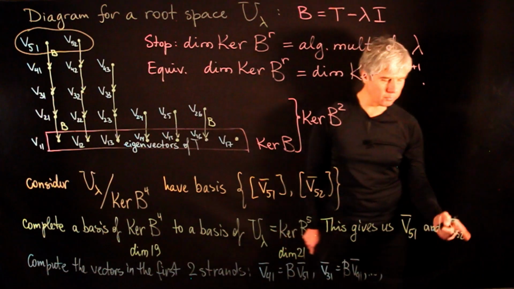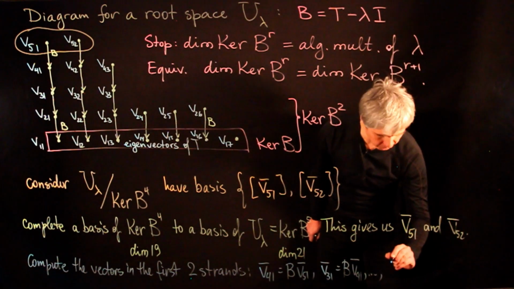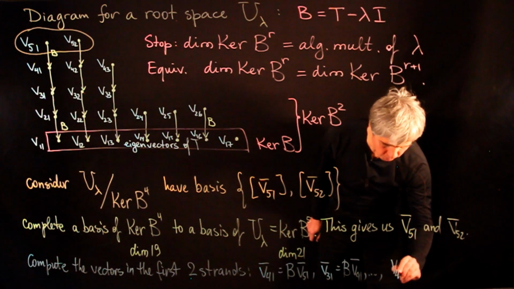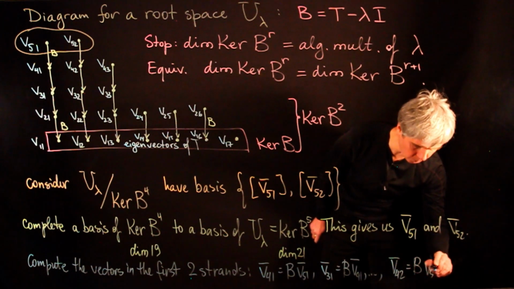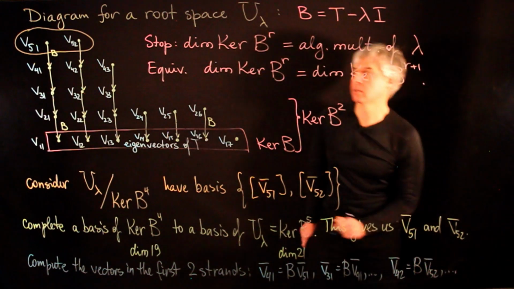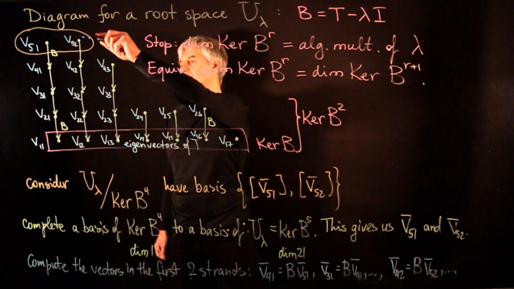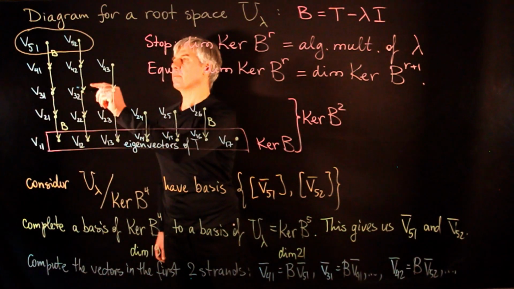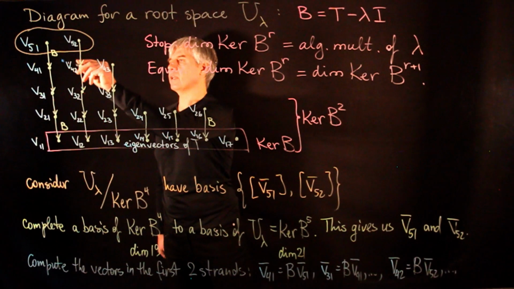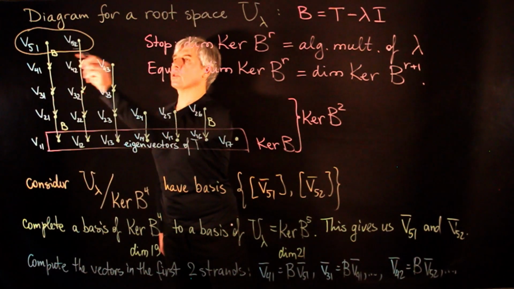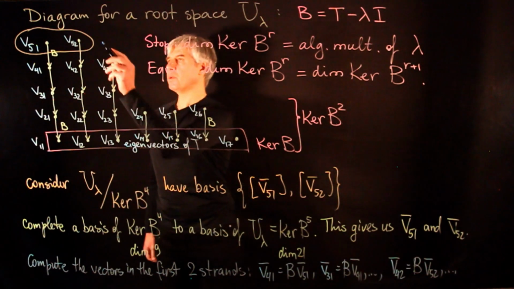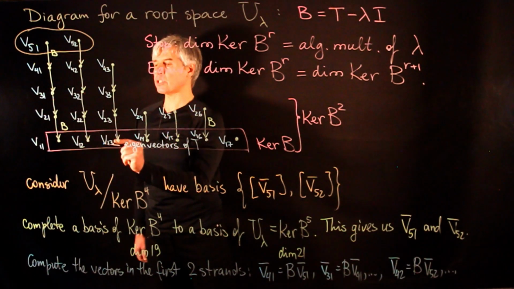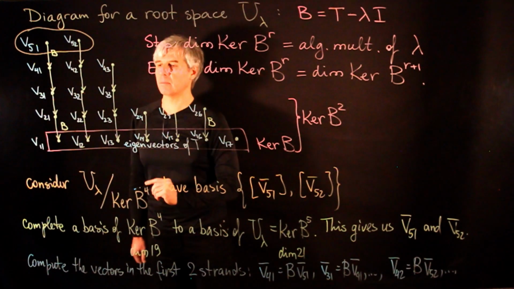And the same for the second family. So we will have that v42 is b applied to v52, and so on. So basically, we are descending in these strands by applying iteratively operator b to the top vectors. Once we complete this step, we will get 10 vectors in the first two strands.